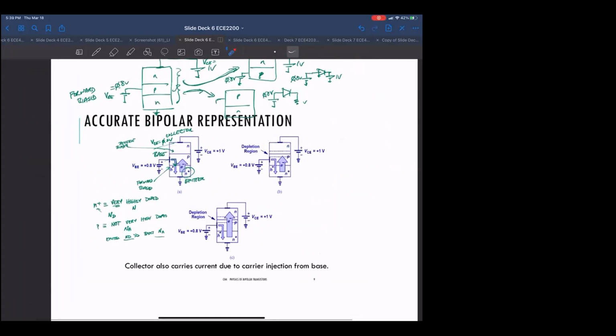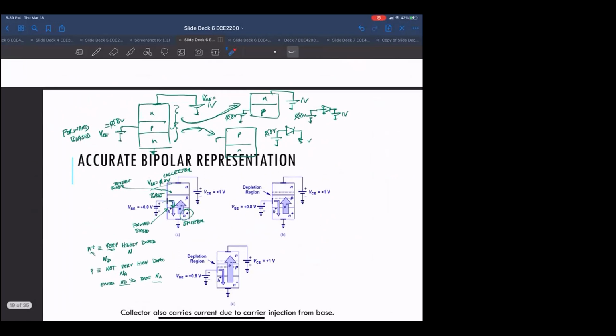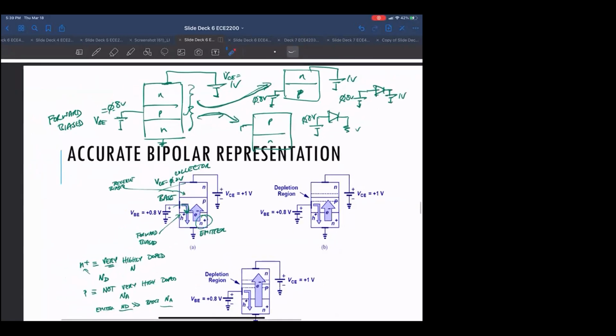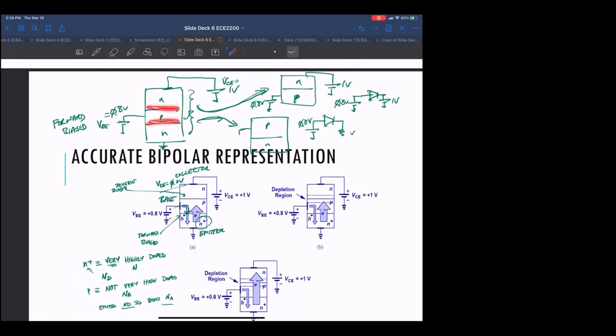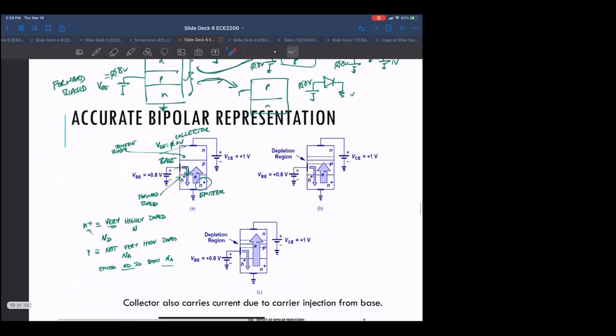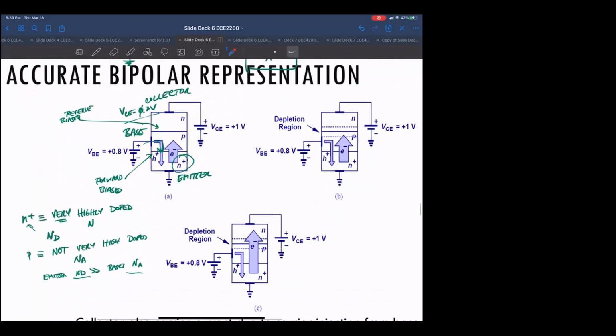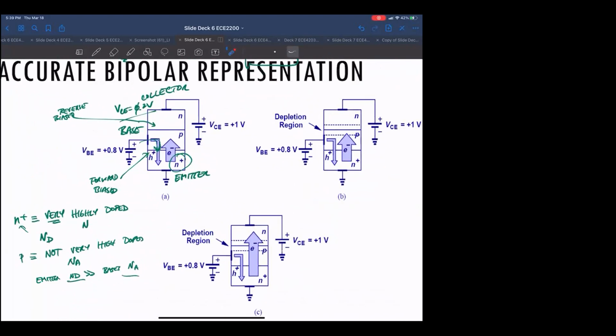And in fact, this is what we had here in this NPN transistor, where we put this guy in forward bias and this guy in reverse bias. I'm going to go through this really fast, because there's a lot of detail, and you just need to know this at a very basic level.